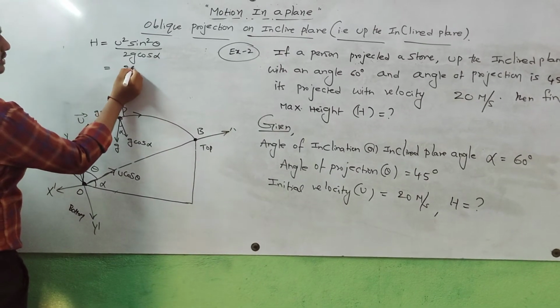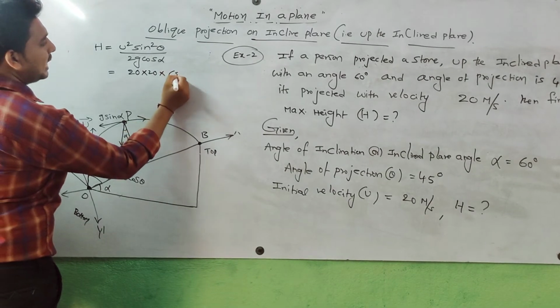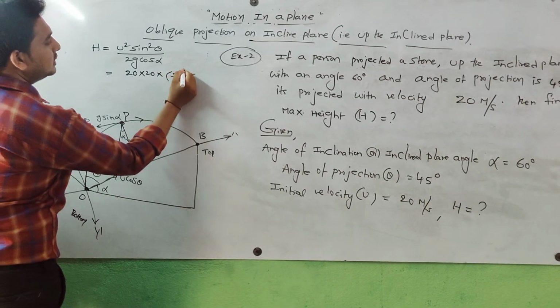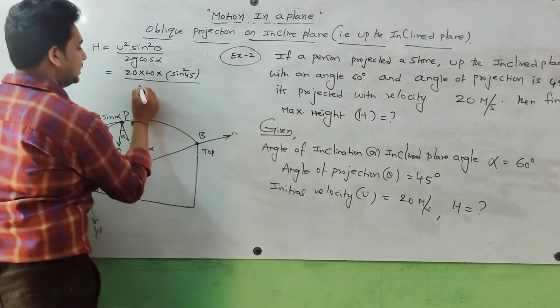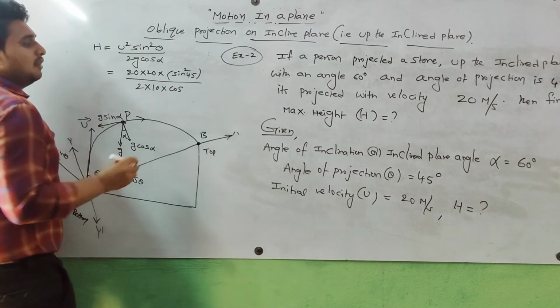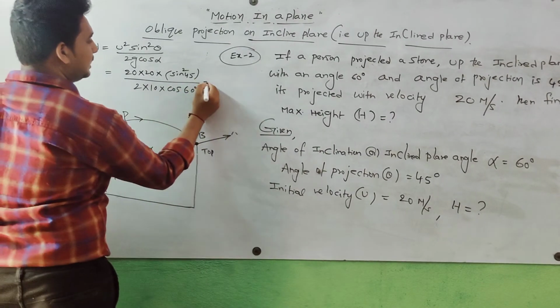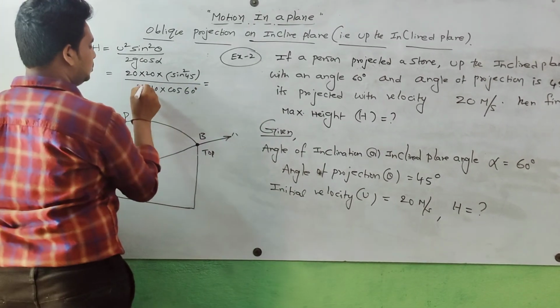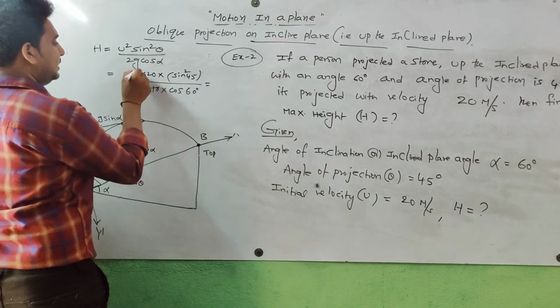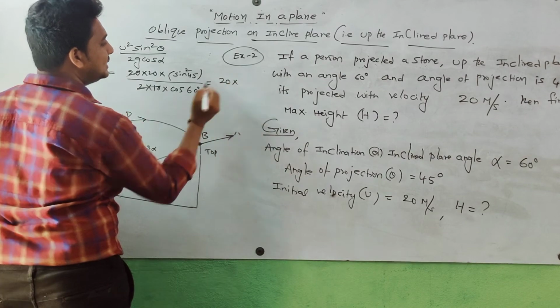U square means 20 into 20. Sin square theta means sin 45, by 2 into g value 10, cos alpha value 60 degrees. 20 into 20 over 2 tens, 20, this 20 cancels. So 20 into sin square 45.